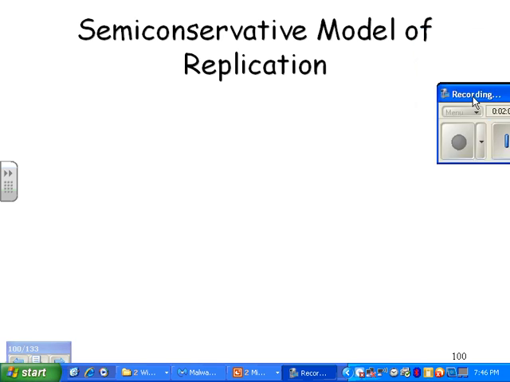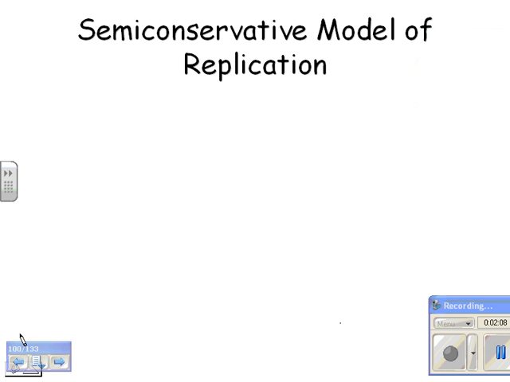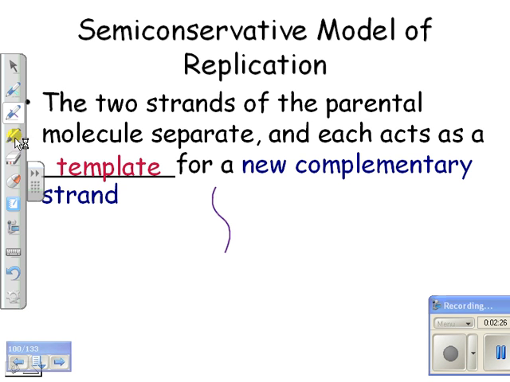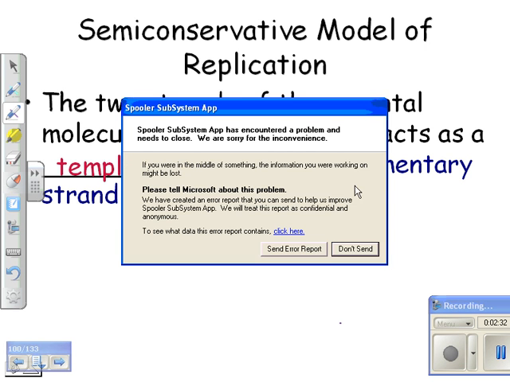The way DNA copies itself, we call it a semi-conservative model for replication. The two strands of the parental molecule separate and each acts as a template for the new complementary strand. So in other words, you've got your DNA, and here's the DNA, and then the DNA unwinds.